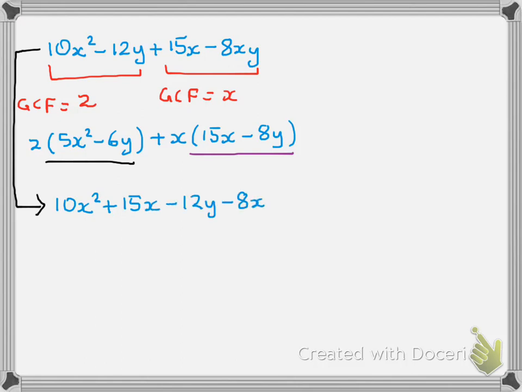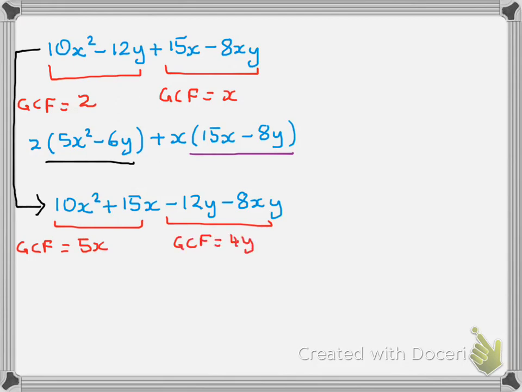So instead of having the terms the way they were before, we can rewrite as 10x squared plus 15x minus 12y minus 8y. And now, if we rewrite this, we can then pair the terms and factor the way we had done previously. Right.